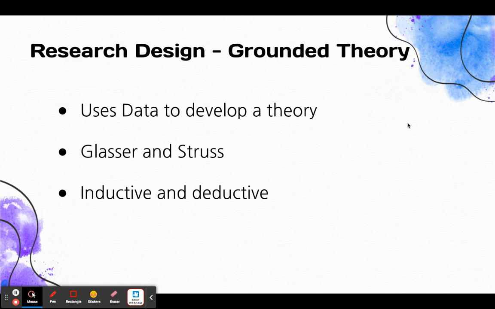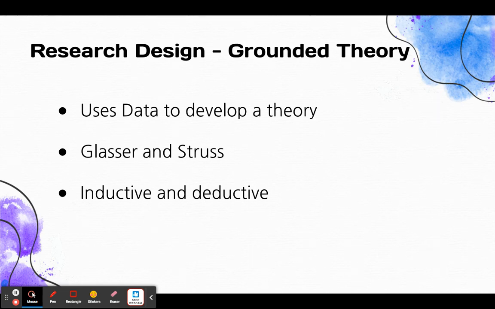The next research design that's very popular in qualitative is grounded theory. In this type of research design, the researcher is using the data to develop a theory and ground it.